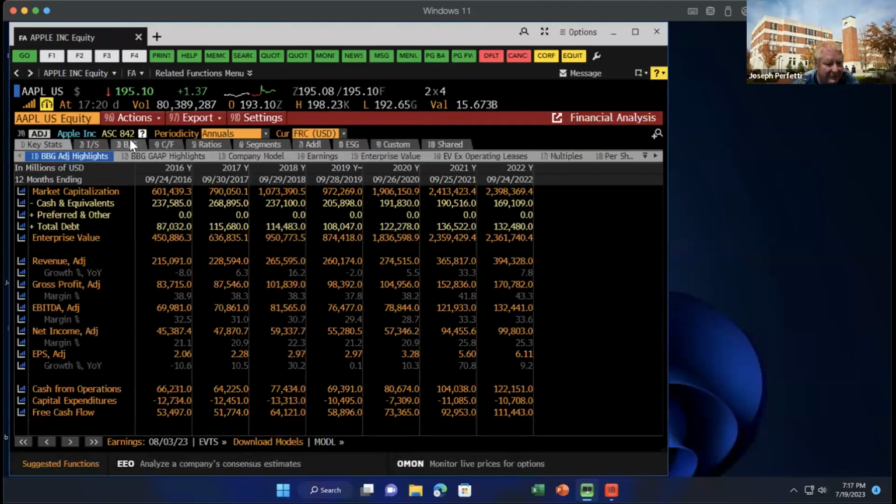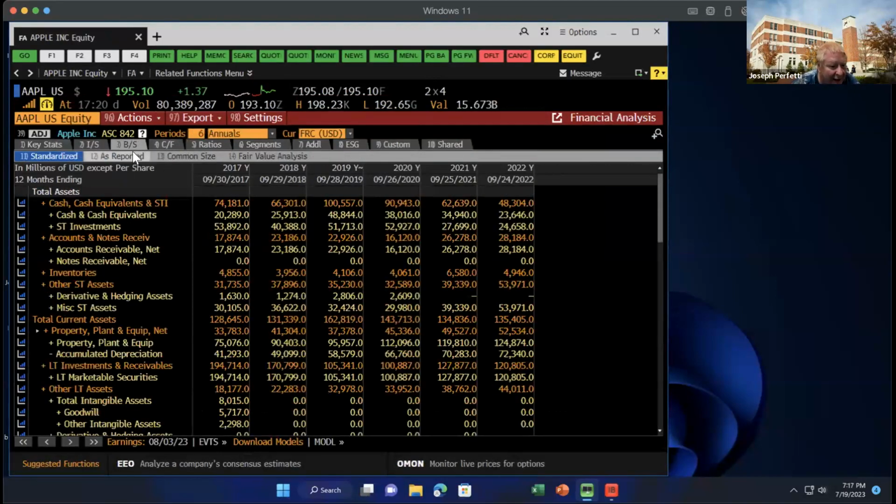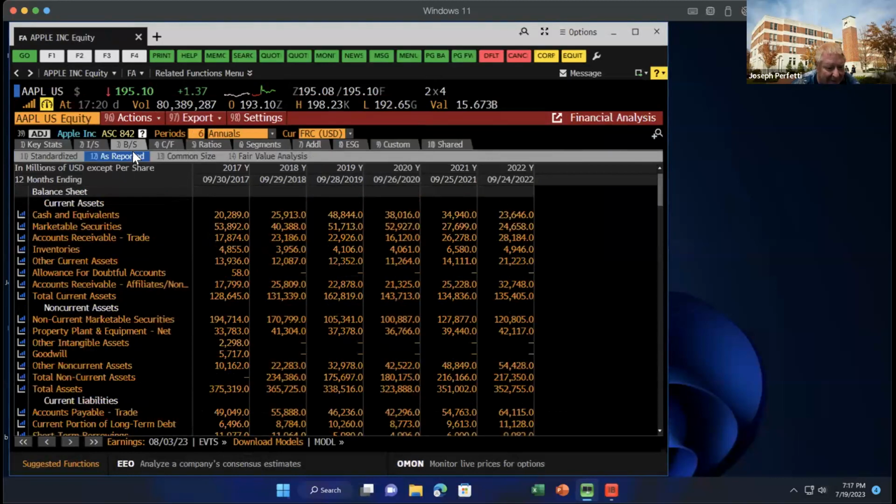Here's their balance sheet as reported. This is what you're going to get. You're going to get the actual balance sheet that the company reports. And you've got to go through it and figure out what's operating, what's non-operating, what's debt, and what's equity.